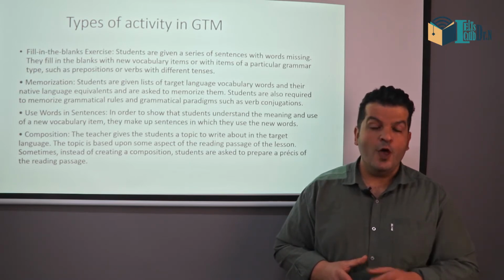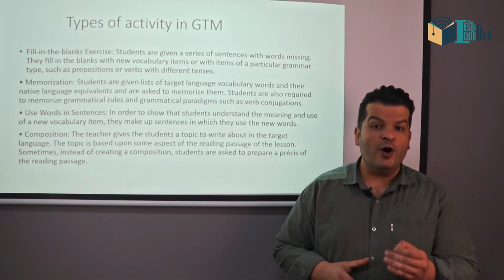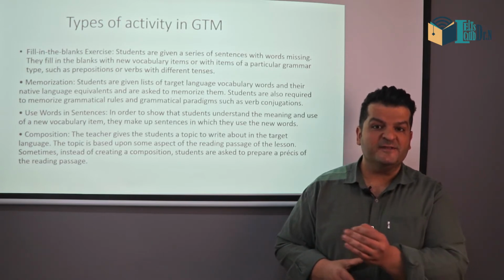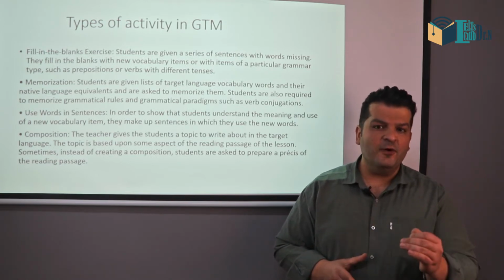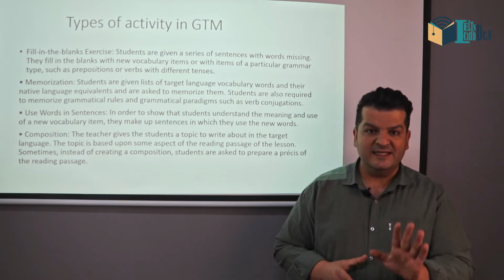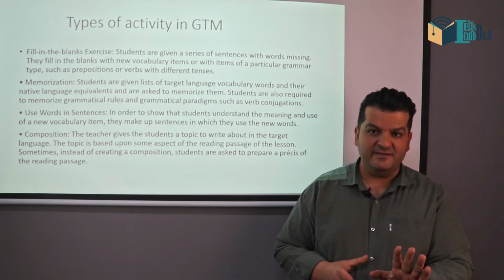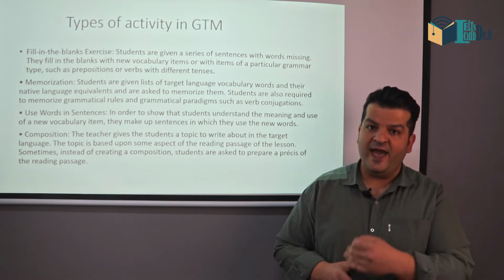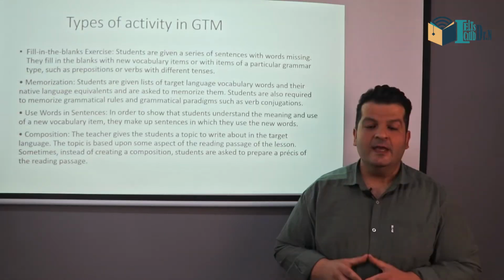For example, one word is chosen from the passage, and students are asked to talk about this word's different parts of speech. For example, if the word is adjective, students are asked to find the noun form of that adjective, the verb form of it, adverb form of it, and so on.